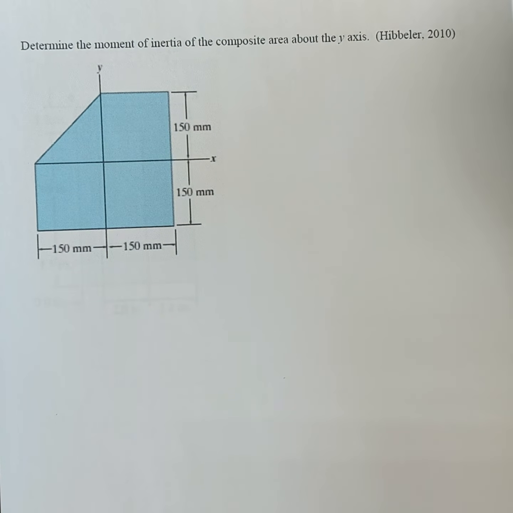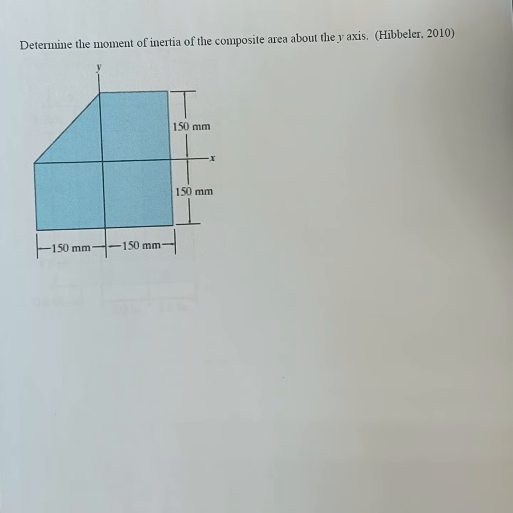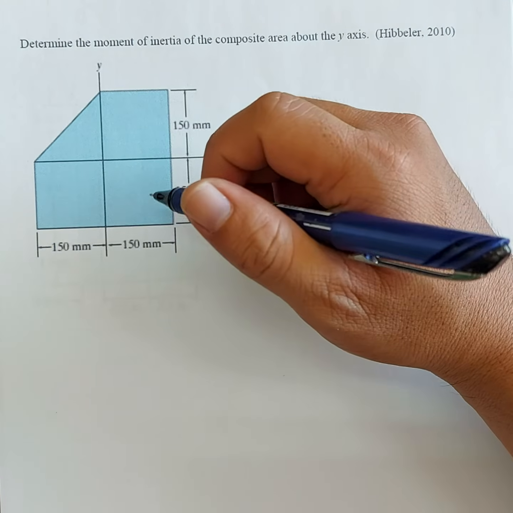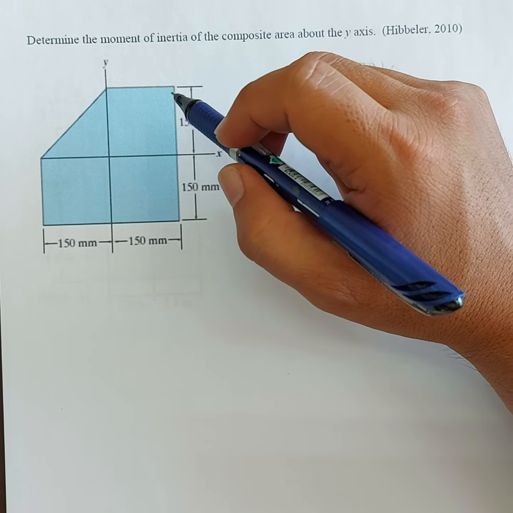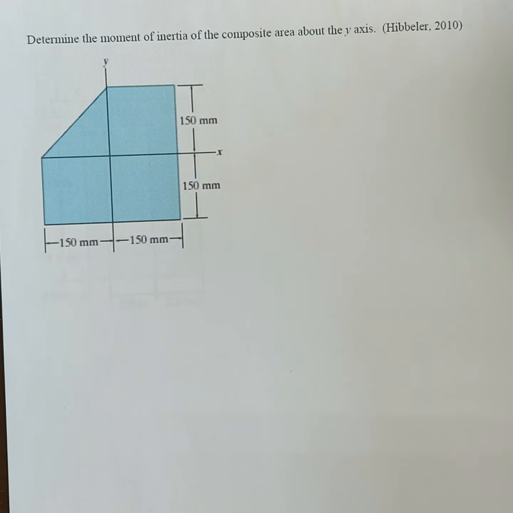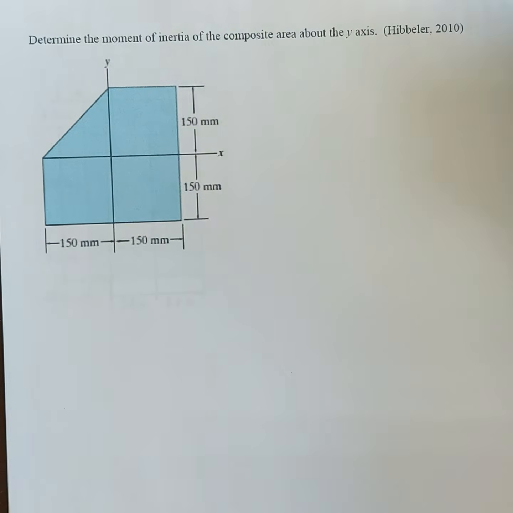So again, we have to divide the section into regular areas or regular shapes. Obvious naman na parang na-divide na rin. The axis already na-divide na, no? Okay, so y-axis lang ang i-compute natin ng moment of inertia.